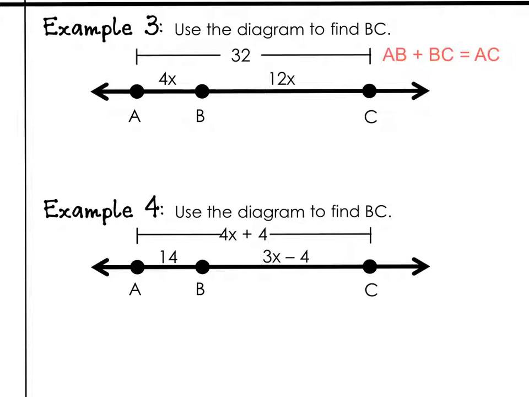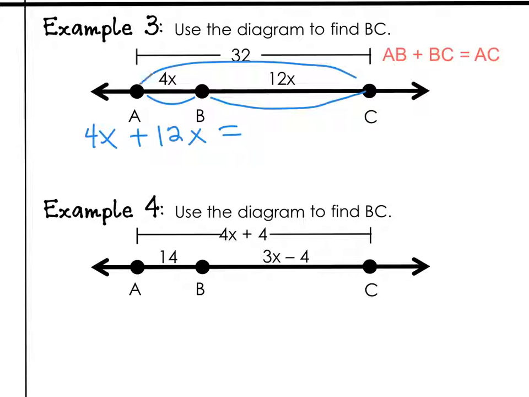We can substitute the value of AB, which in this case is 4x. BC is actually 12x, so we substitute 12x in there. Then that's all equal to AC, which is 32 because it gave us that information.